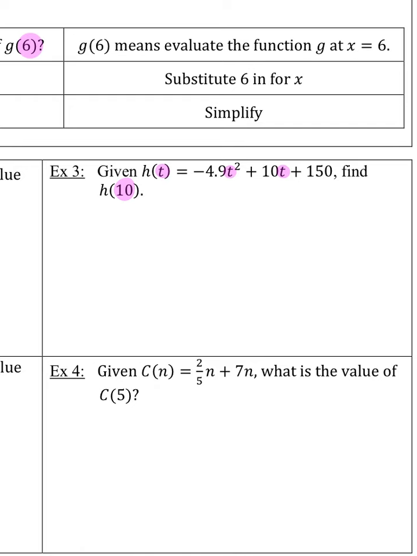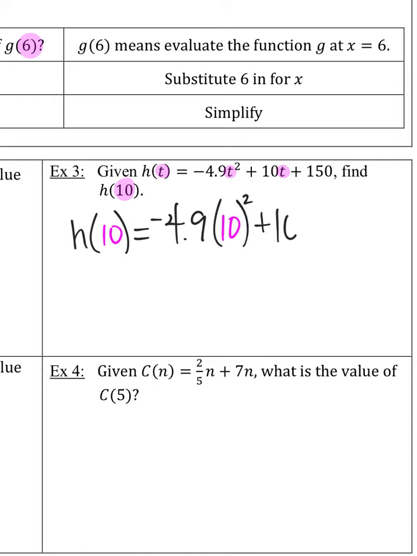We have h of 10 equals negative 4.9 times 10 squared plus 10t plus 150.